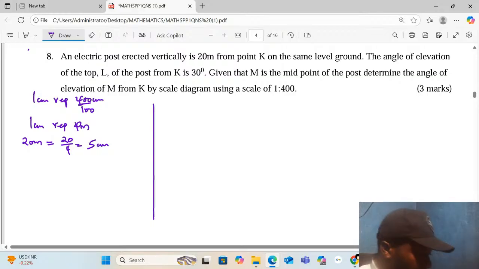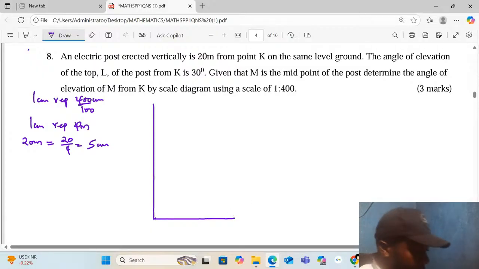But from the pole to a point K is 5 centimeters. So you measure 5 centimeters from the bottom of the pole. 5 centimeters will be somewhere there.